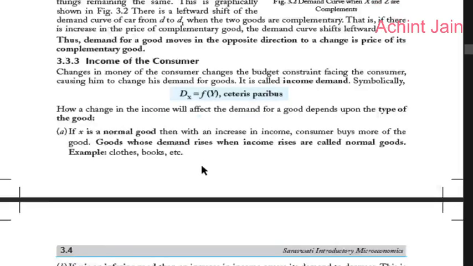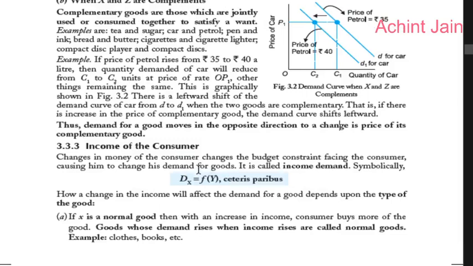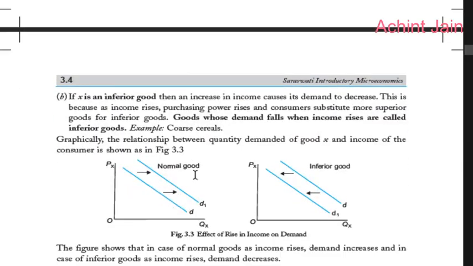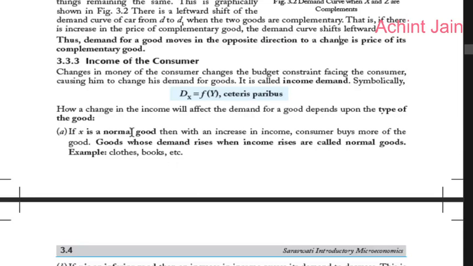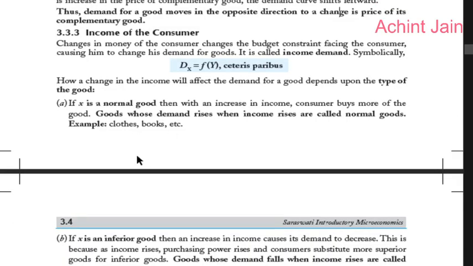Now if we try to discuss the income of the consumer, then simply we can say changes in money income of the consumer change the budget constraint facing the consumer, causing him to change his demand for goods, and that is called the income demand. Normally, two types of goods will be there, the normal good and the inferior good. Normal goods are those goods whose demand rises when income rises.